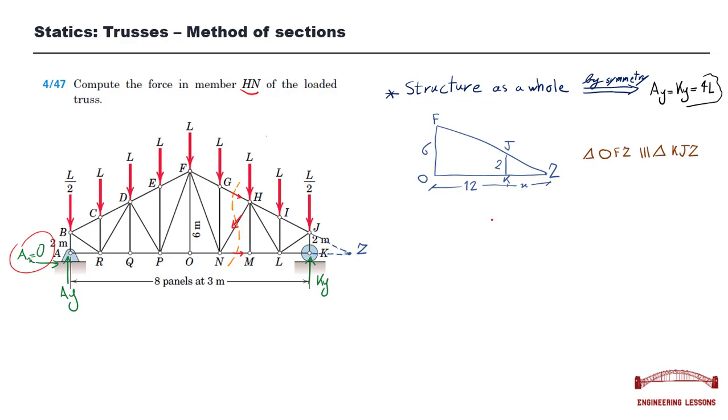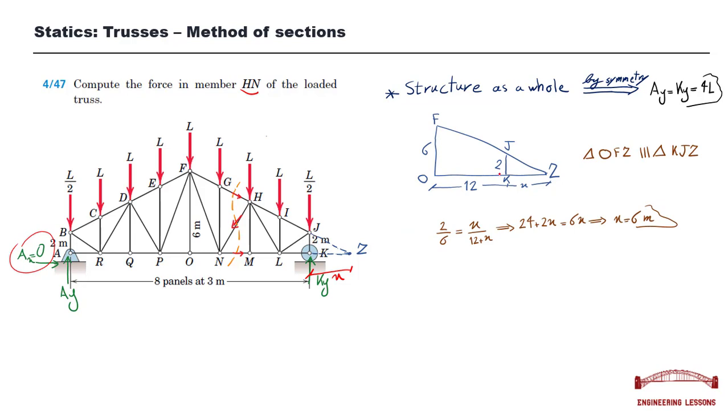Okay, in order to write the moment equation, we need to know the length of this distance. Let's call it x, from point K to Z. By similarity of triangles, we can determine the length of x. We know that this bigger triangle OFZ is similar to this smaller triangle KJZ.